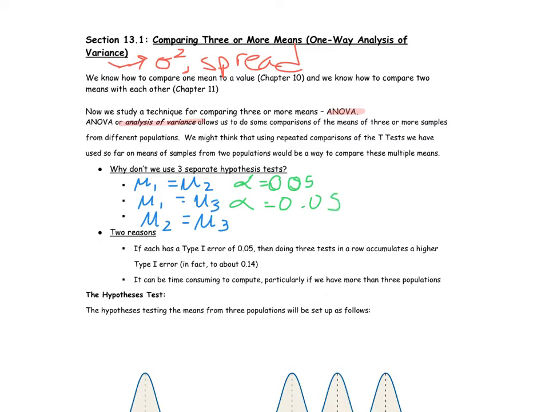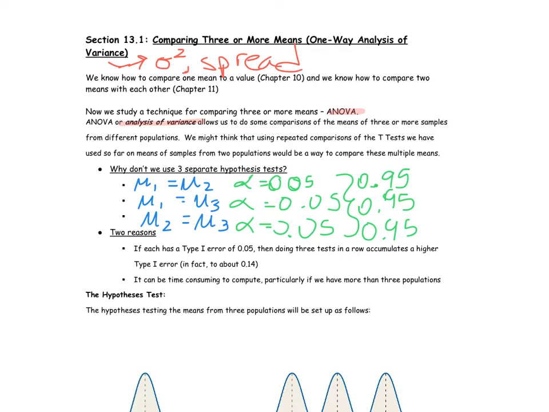If we perform this 3 times, well, let's see. If alpha is 0.05, that means we would correctly keep the null hypothesis 95% of the time.